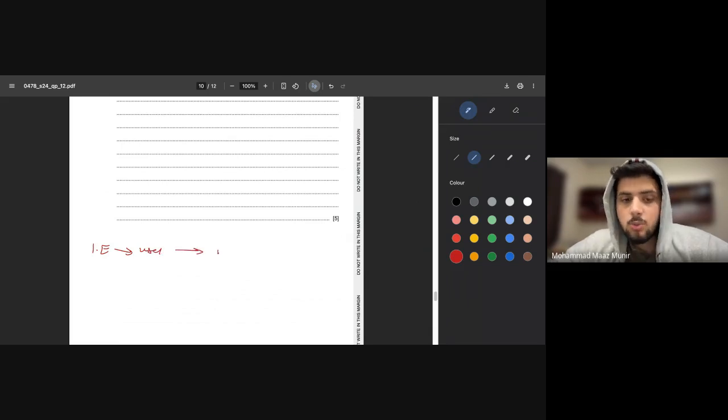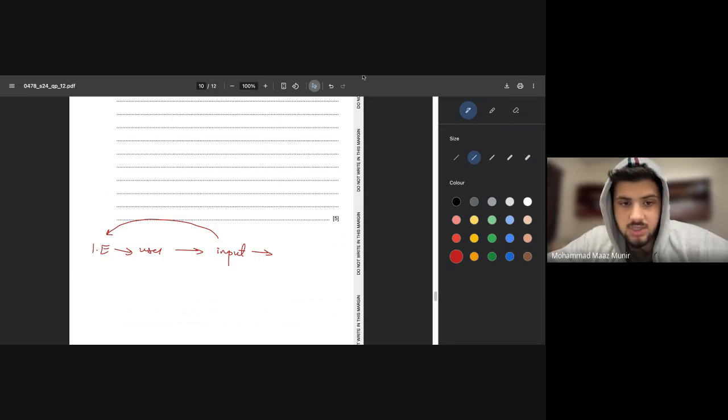The user is going to provide its input, and based on that it is going to give us more questions. So this input is going to go to the inference engine, it's going to ask more similar questions, and the data will be compared with the knowledge base plus the rules which were set up in the rules base.